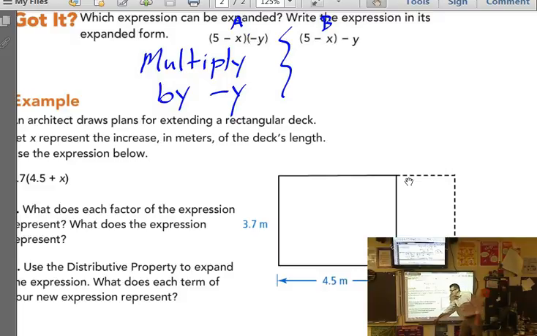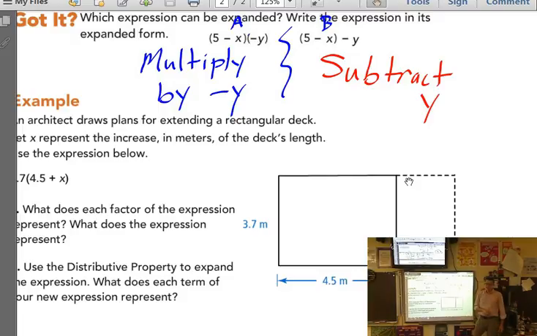This is going to subtract the y. So that's the difference. This is going to be quantity multiplied by negative y. This is quantity minus y. Questions on why they are different?